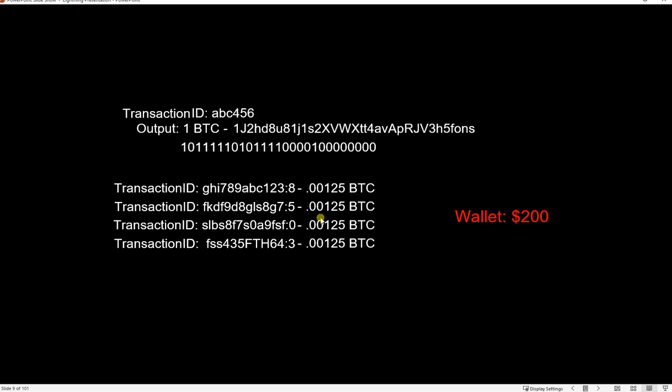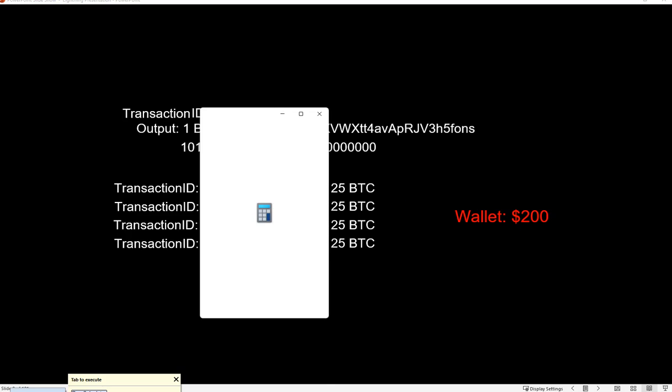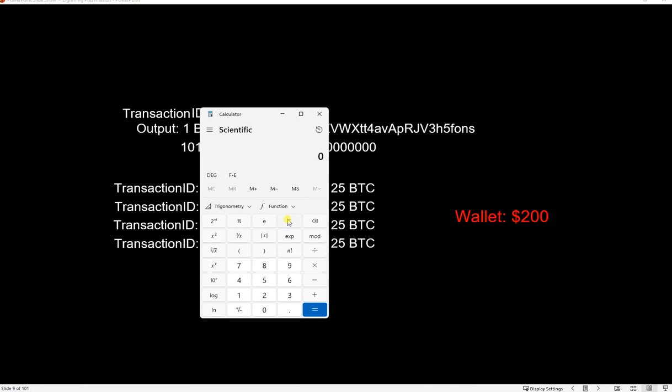A Satoshi is only worth a hundredth of a cent or whatever. Actually, you know what? Let's not do that. Let's just do it. So if Bitcoin's $30,000 divided by 100 million, that's how much.